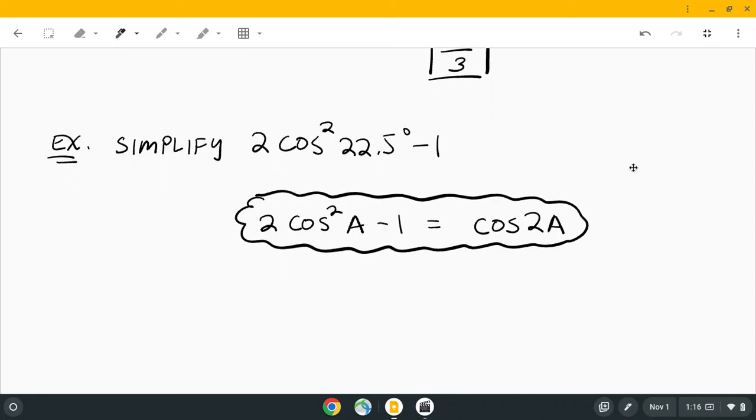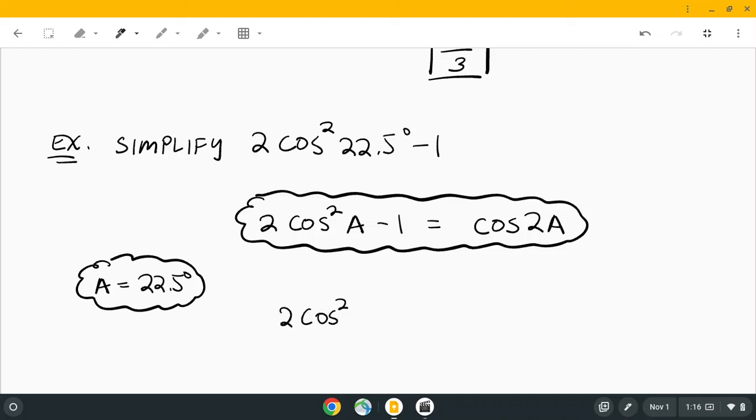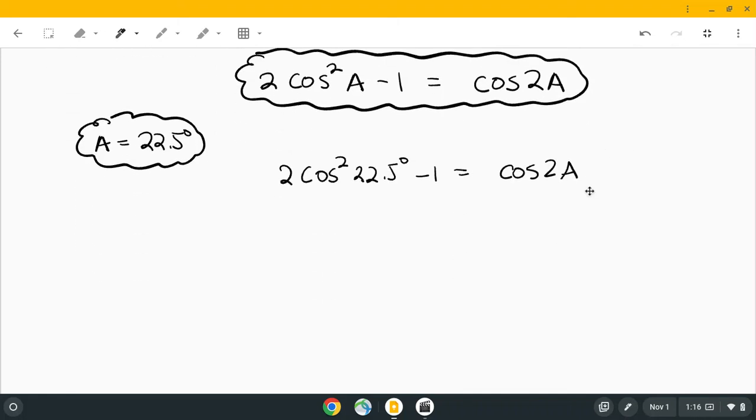Therefore, in this case, A is 22.5 degrees. So if I work this out, 2 cosine squared 22.5 degrees minus 1, I know that's going to be cosine 2A. Now I can plug in for A. That's going to be cosine of 2 times 22.5 degrees, and that is going to give me cosine 45 degrees.